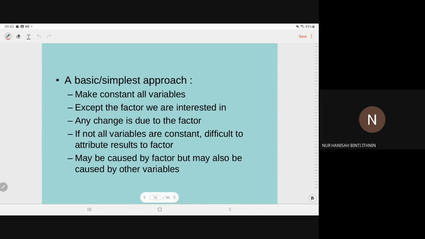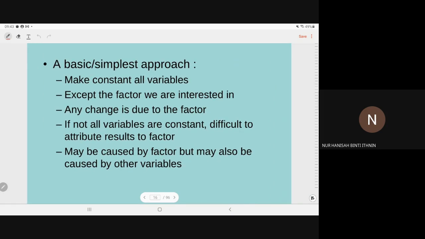So how do we do experiments? The basic or simplest approach, I think you have also studied this in your secondary and primary school. Make all variables constant.